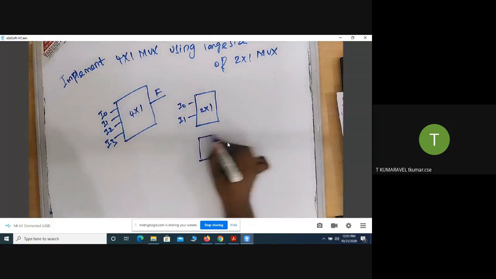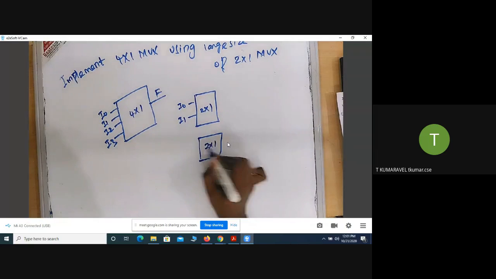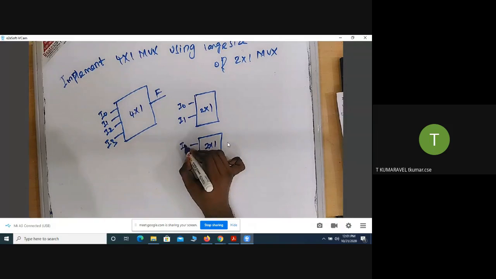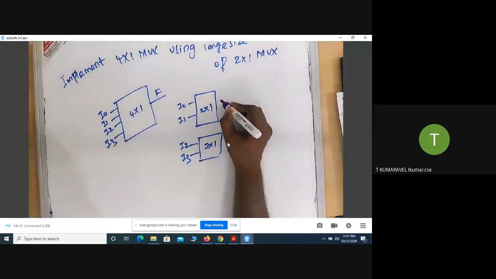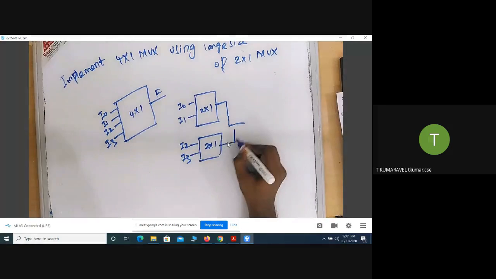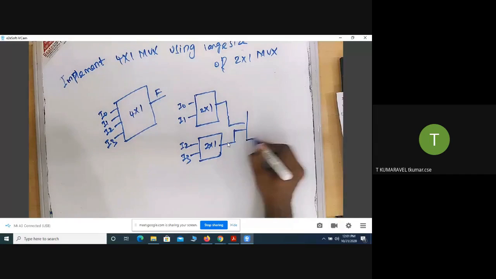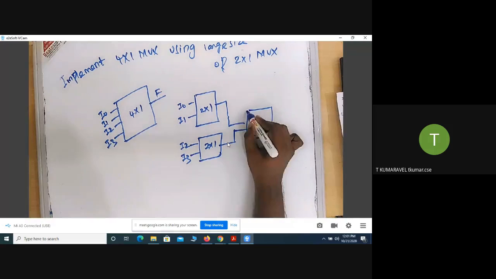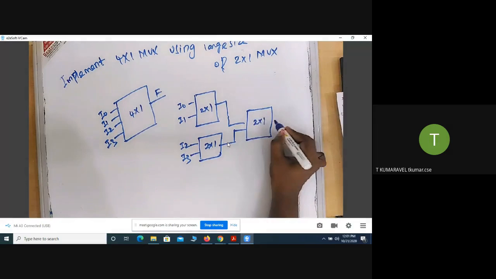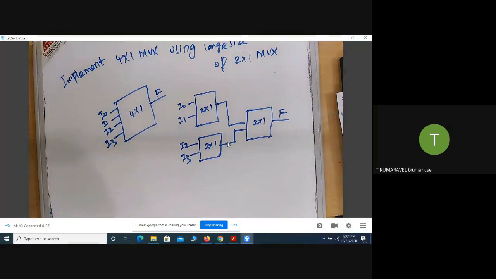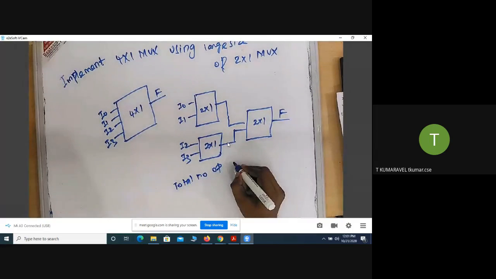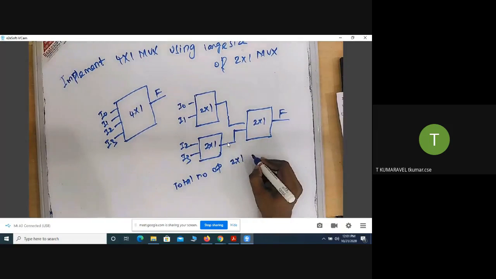So I'm going to take two 2 by 1 multiplexers, with inputs I0, I1 and I2, I3. Each multiplexer produces output as 1 bit. In order to generate a single output, I'm going to add one more 2 by 1 multiplexer. So finally, it's going to produce output as F. So the total number of 2 by 1 multiplexers required is 3.